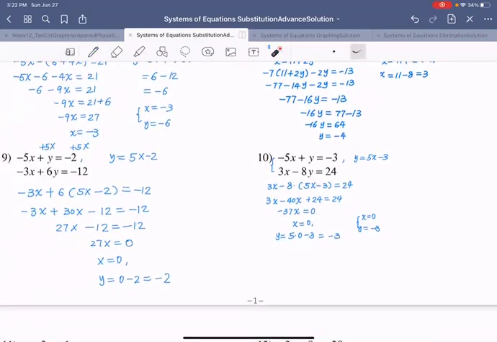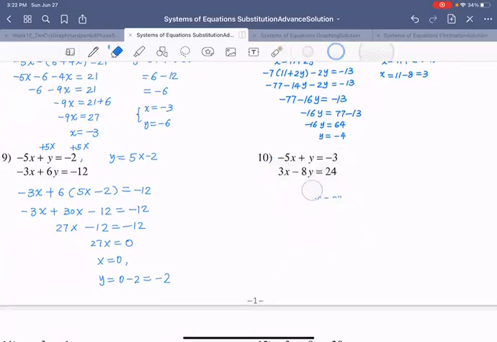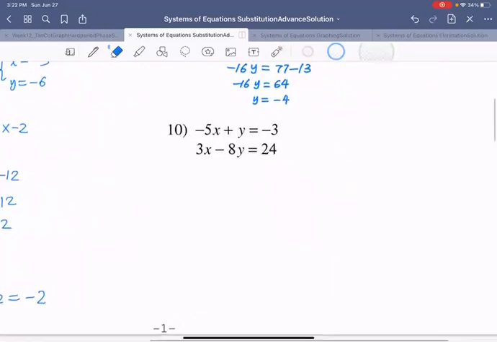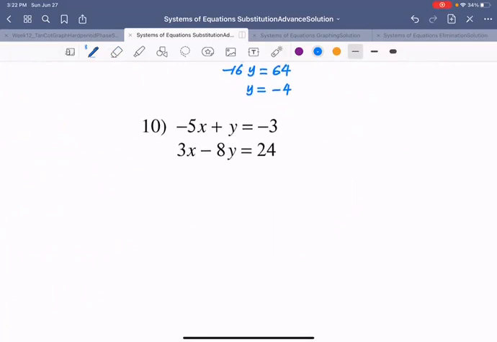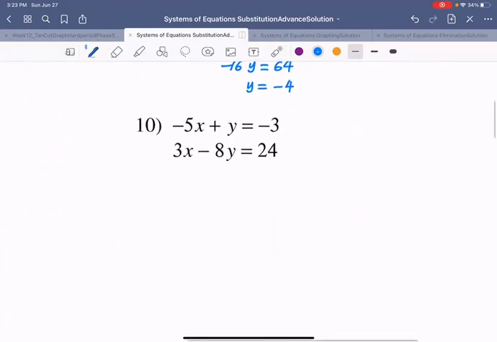Ashley, let's do number 10. 3x minus 8 times parentheses 5x minus 3 equals 20.